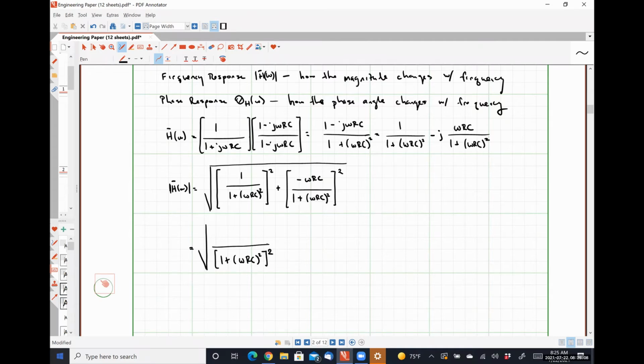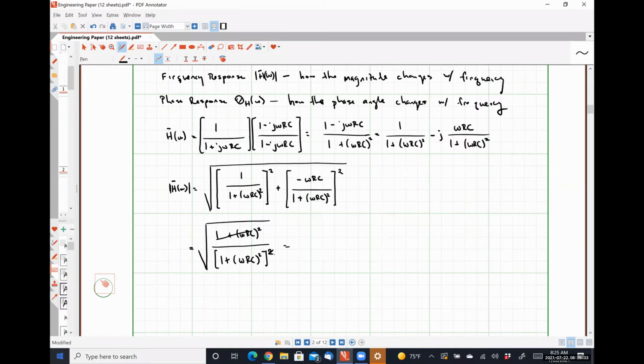And then in my numerator, I'm going to have 1 squared, which is 1, plus negative omega RC, that quantity squared. So it's just going to look like 1 plus omega RC squared, like so. Obviously, this is going to cancel that out, right? So I have the same thing.